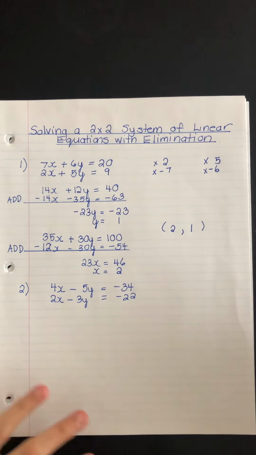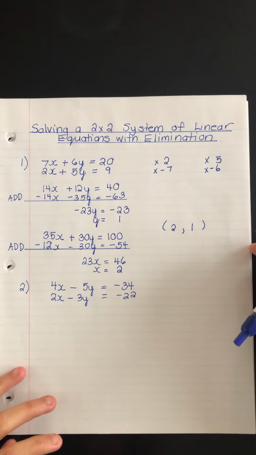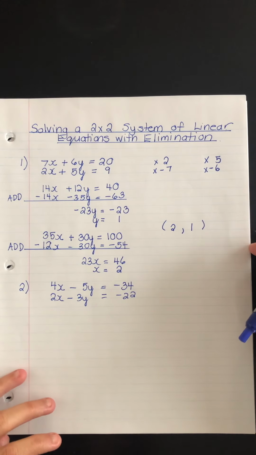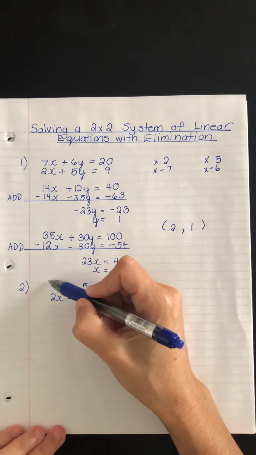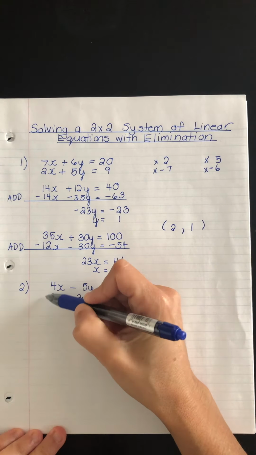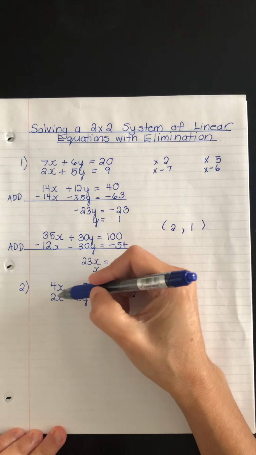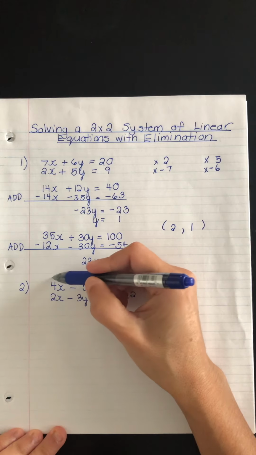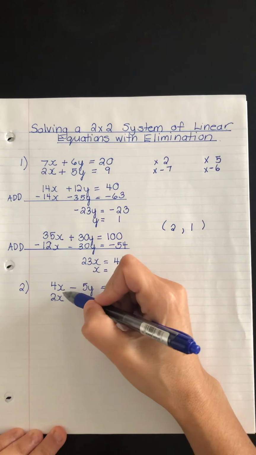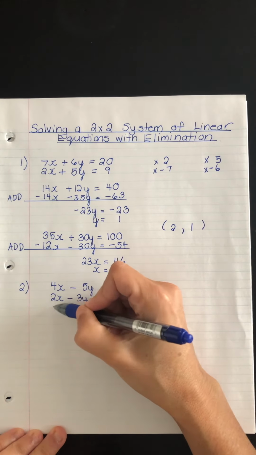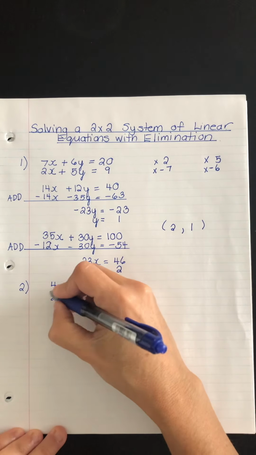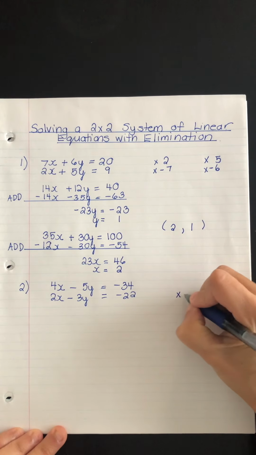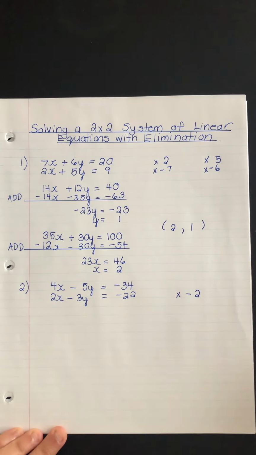So if I take a look at this, I think what I'm gonna do is eliminate x. So what do I want? I want for one of these to be, oh, look, in this case, I have 4x here. I can make this negative 4x simply by multiplying that second equation by negative 2.